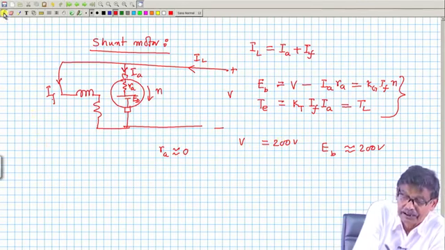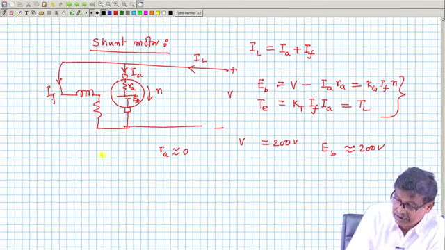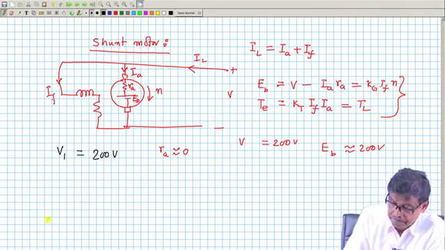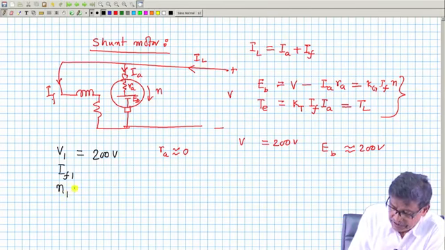Now, let me ask you that problem. The V1 I have applied is 200 volt. Field current initially is some IF1, and initial speed of the machine is suppose 1000 RPM.